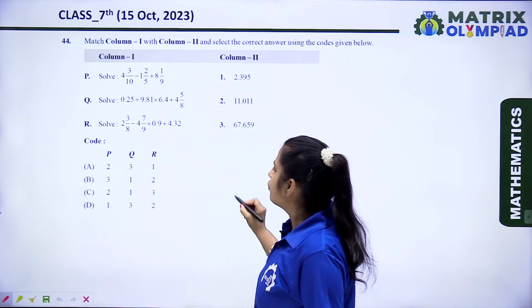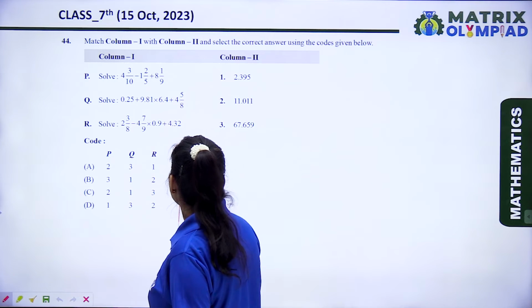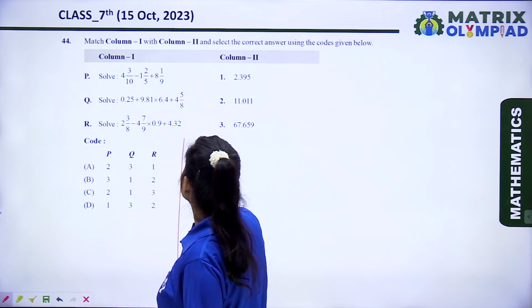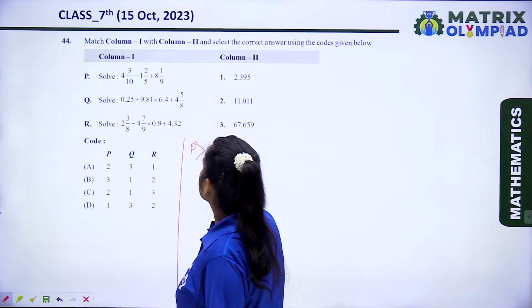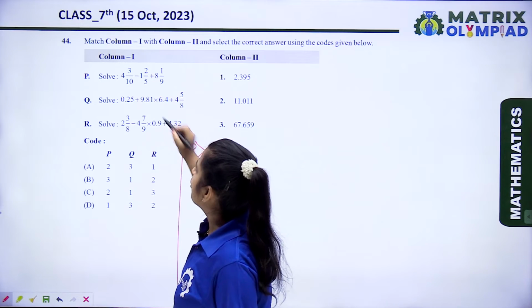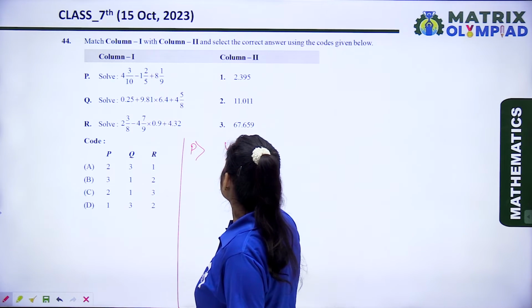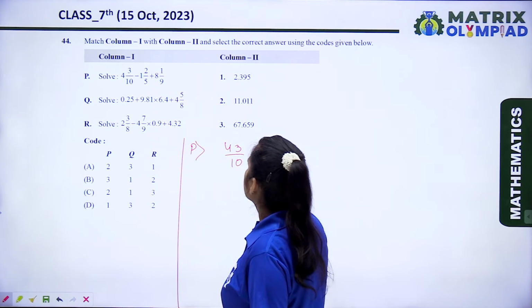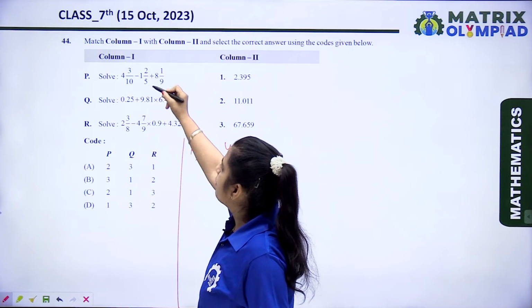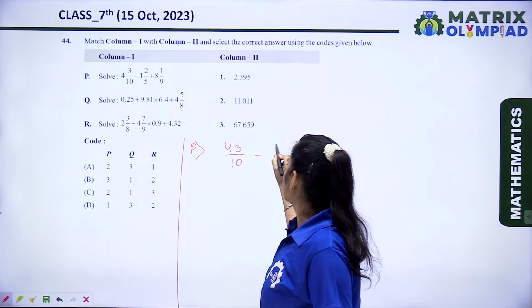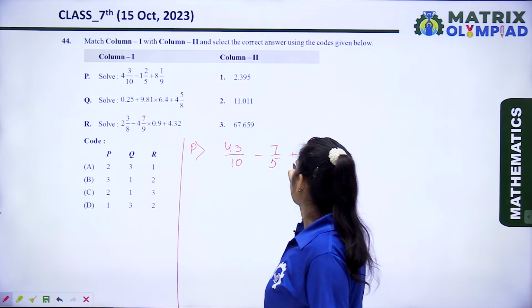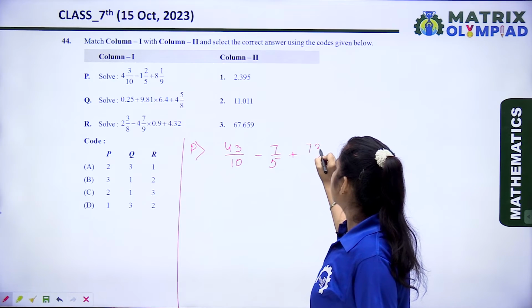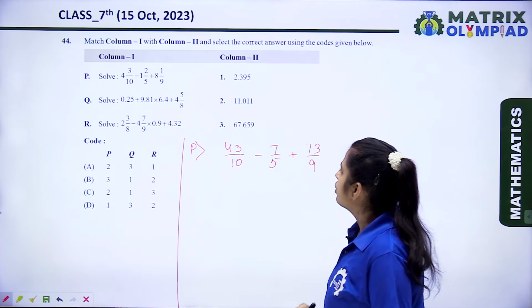So let's solve the first one, that is P part. Here 4 3 upon 10 will become 43 upon 10, minus 1 2 upon 5 is 7 upon 5, plus 73 upon 9.